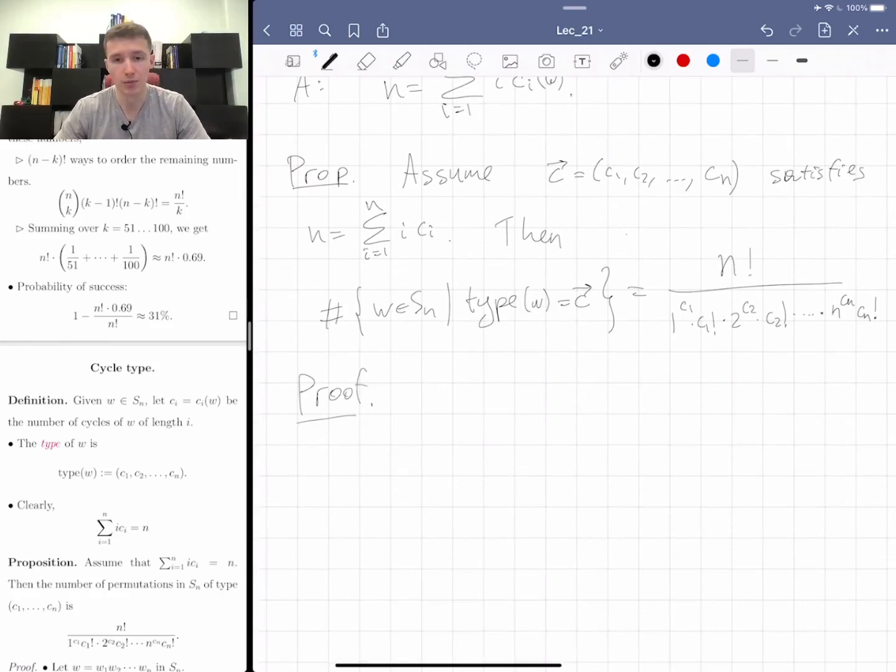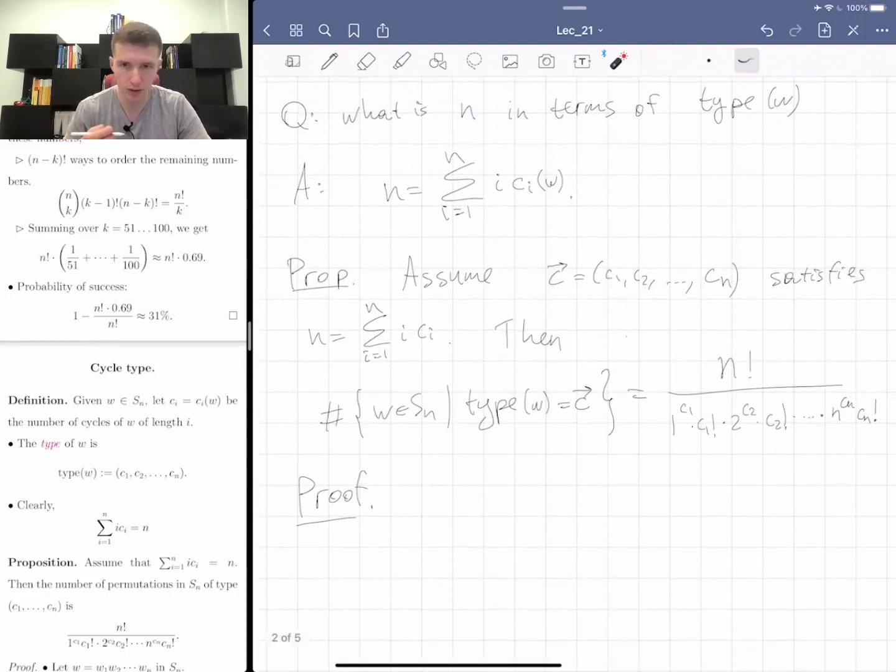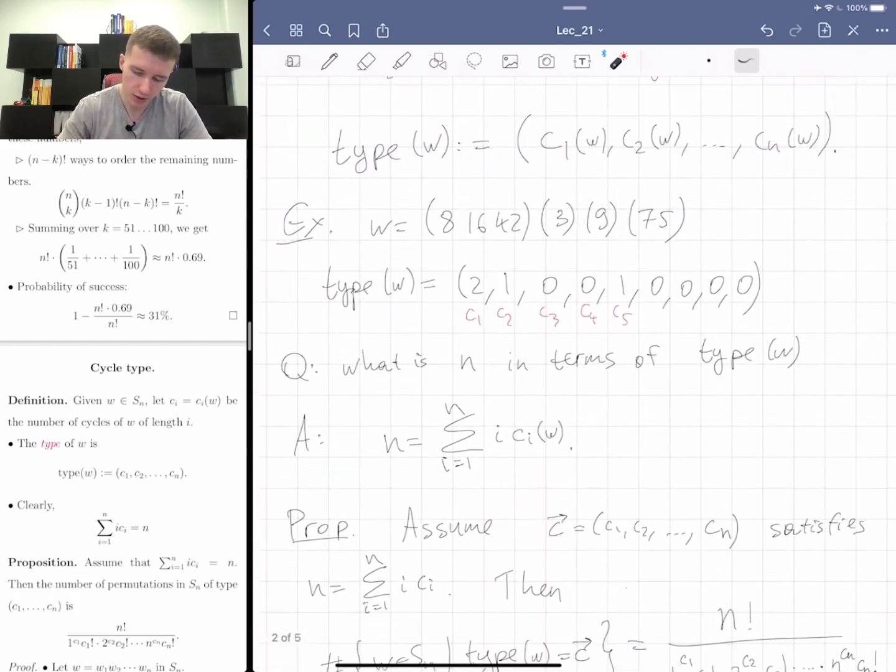And yeah, so the proof is by division principle. And so let's see, I'd like to generate every permutation whose cycle type is C. How do I do this? Well, the idea is you forget about the parentheses and you just write all these n numbers in random order.